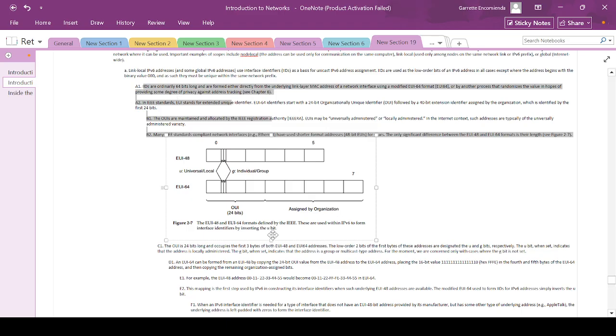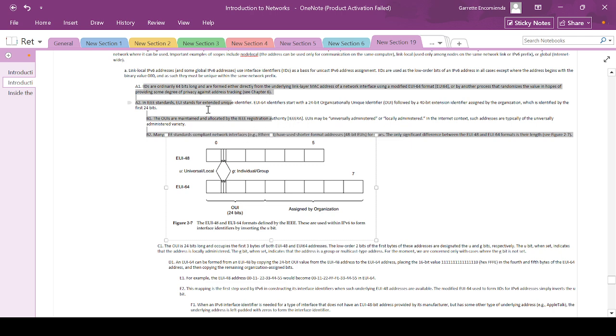So this OUI defines how these bits will be assigned by the organization. The OUIs are maintained and allocated by the IEEE Registration Authority, IEEE RA.